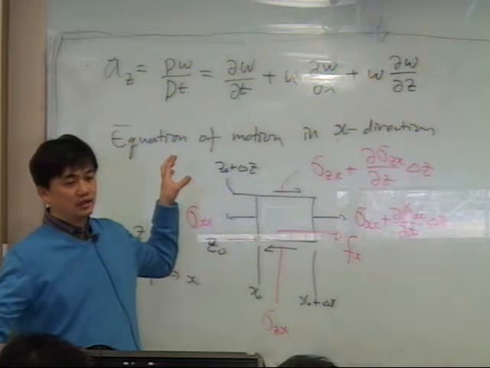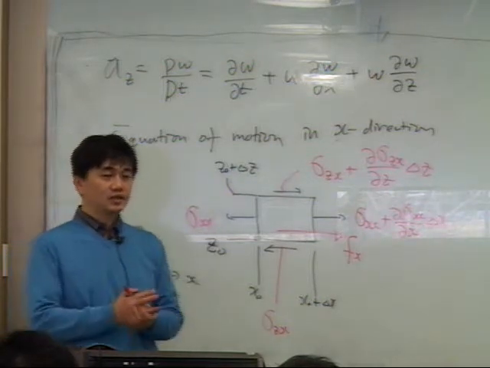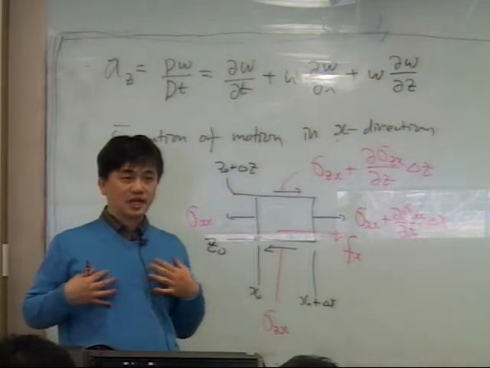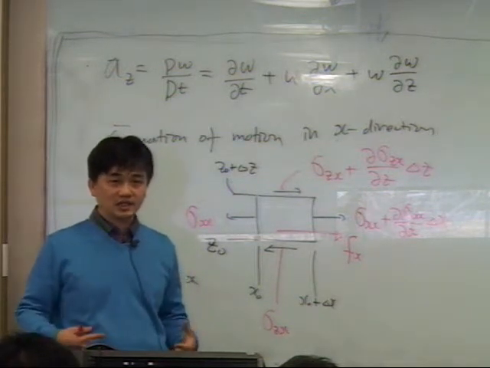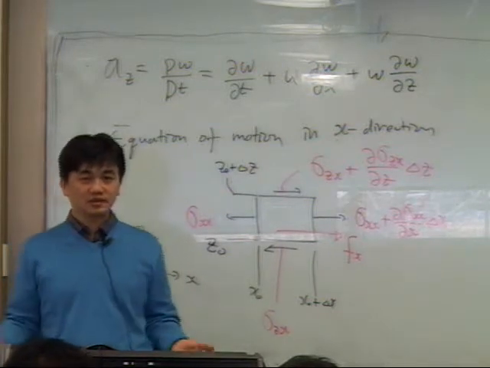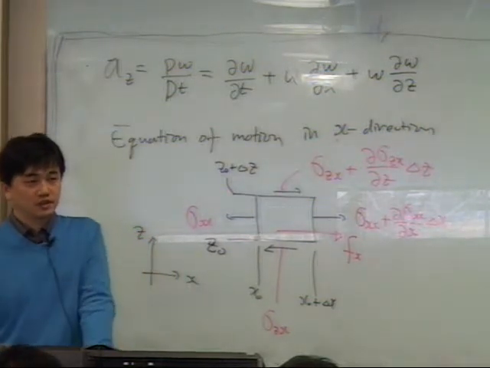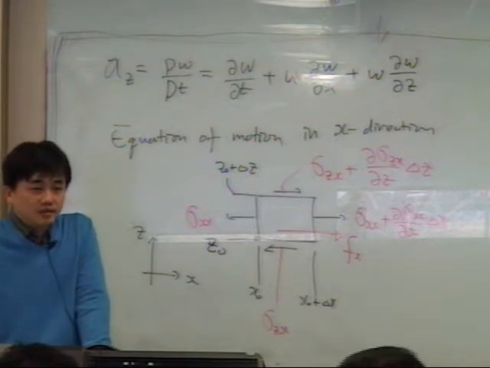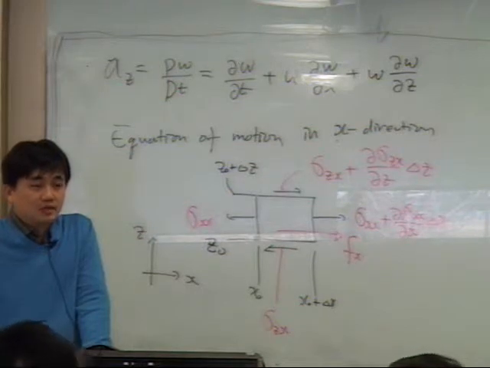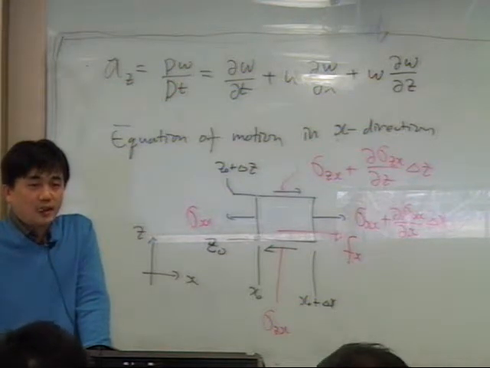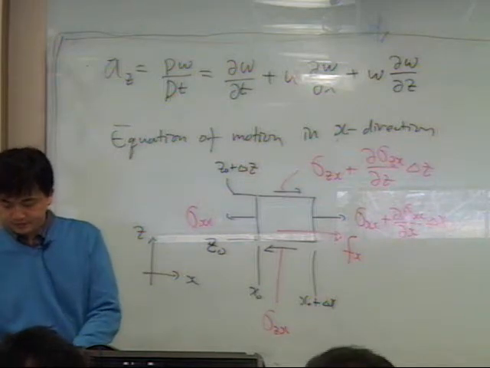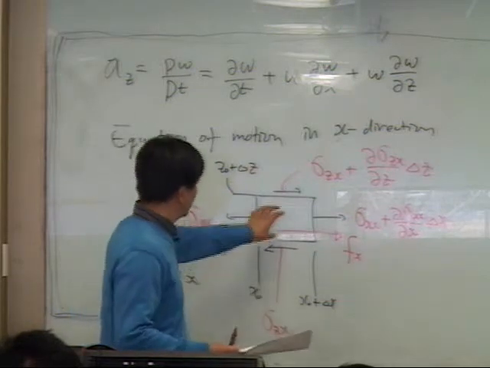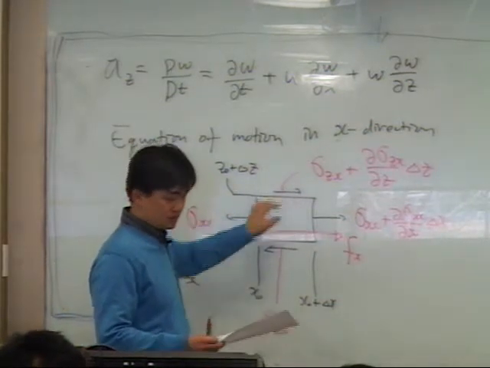There are a lot of body forces, like gravity. Gravity is a body force. It's not acting on the surface. It's acting on the body, inside and outside and the surface. For all positions, gravity gives us some force. Also, there are magnetic fields. Magnetic fields also give us body force. So this is all the force we have for this small fluid element.